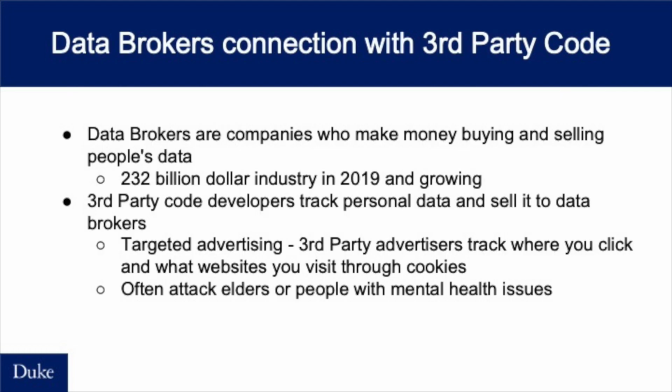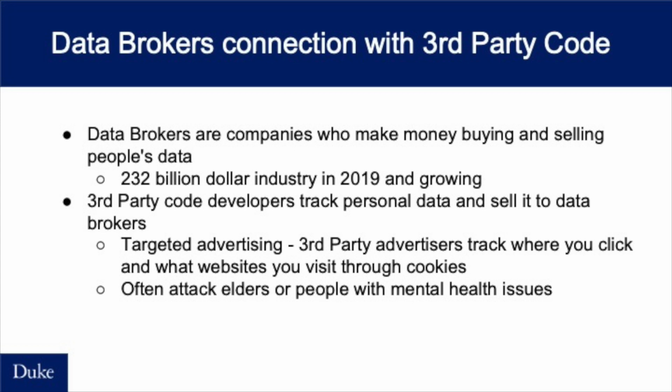Data brokers are another group that take advantage of third-party code. Data brokers are individuals or companies who make money off of buying and selling people's data. In fact, in 2019, selling your data was a $232 billion industry. Third-party code developers can track personal data and sell it to data brokers.